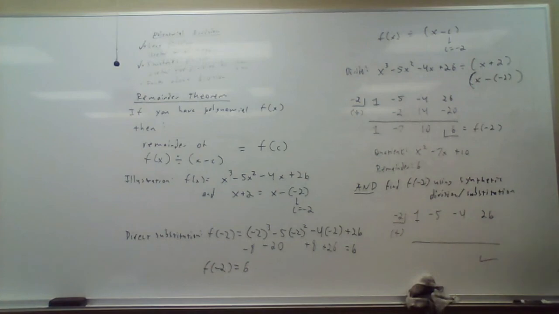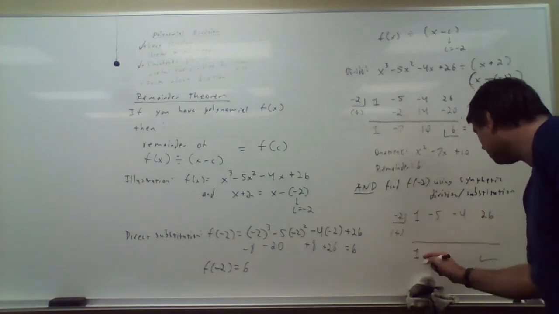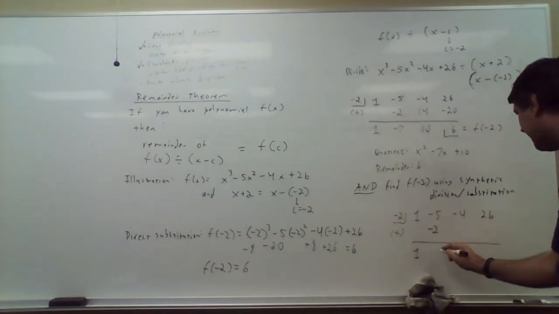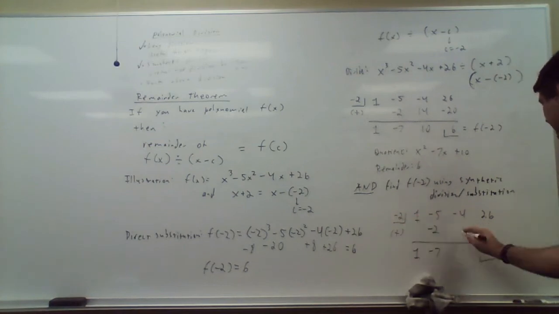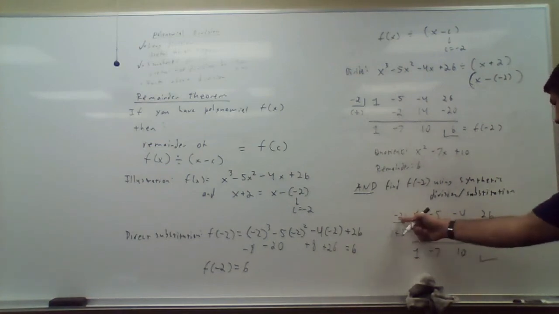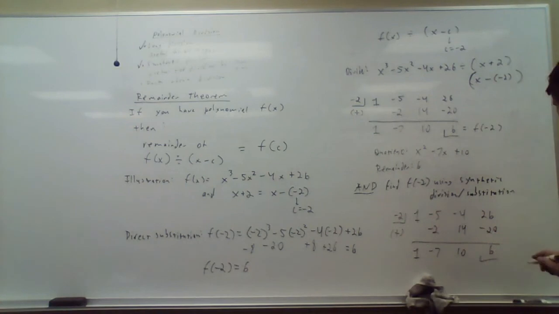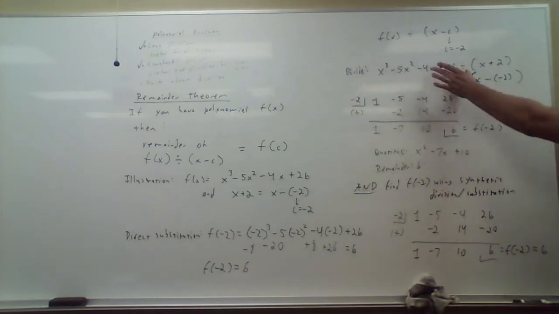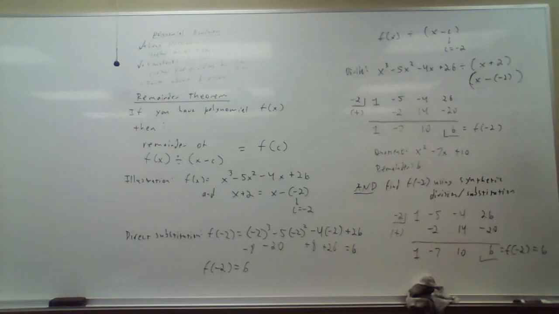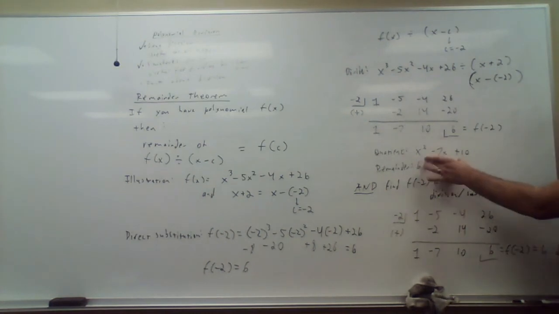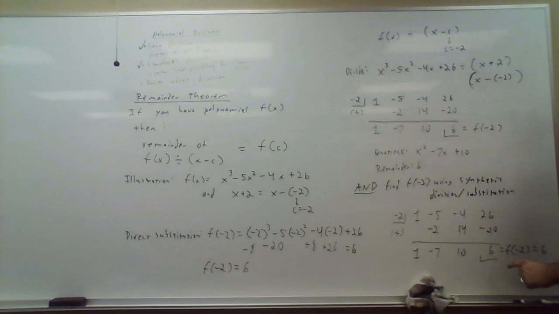Okay? So, we got 1. Negative 2 times 1 is negative 2. We get negative 7. Negative 2 times negative 7 is 14. That's 10. Negative 2 times 10 is negative 20. That's 6. Okay, which is f of negative 2 equals 6. Okay? So this procedure gives us 3 pieces of information. It gives us a quotient, it gives us a remainder, and it gives us a function value for that number. Okay?